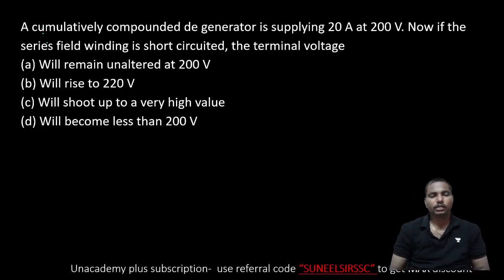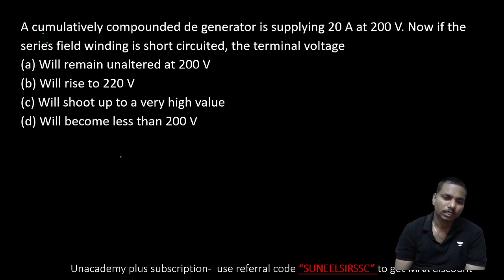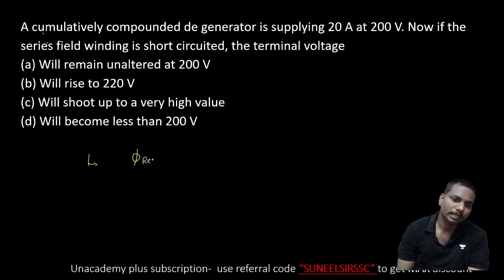And coming to the next one, a cumulatively compound DC generator is supplying 20 amps at 200 volt. Now if the series field winding is short circuited, what happens to the terminal voltage? This type of question is very important, guys. In cumulative compound, the resultant flux is equal to shunt field flux plus series field flux.